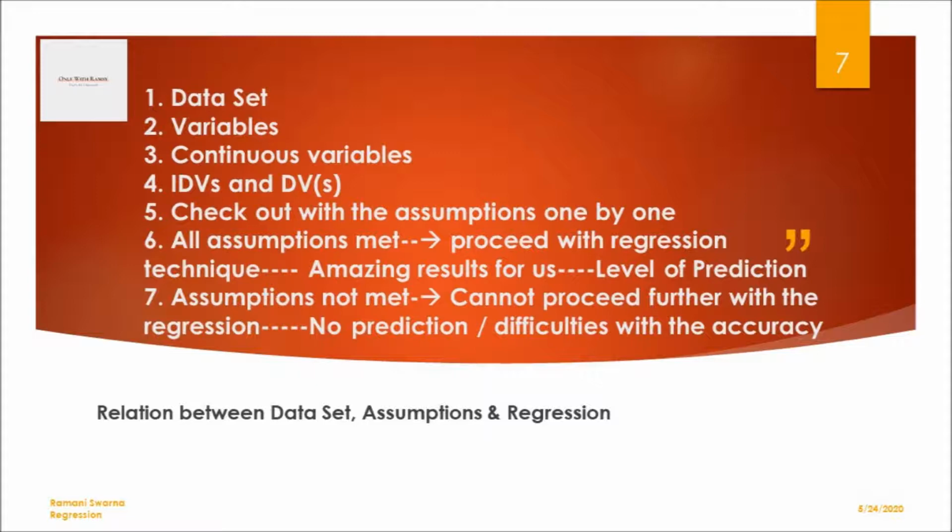I have the data set, number one; variables, dependent and independent, both. Then I identify which ones are the continuous variables. If I'm able to identify the continuous ones, I know that these are going to be the dependent ones. Then the independent ones, I know immediately, that is IDVs. I'm able to classify IDVs and DVs. Then check the assumptions one by one, which we will see.